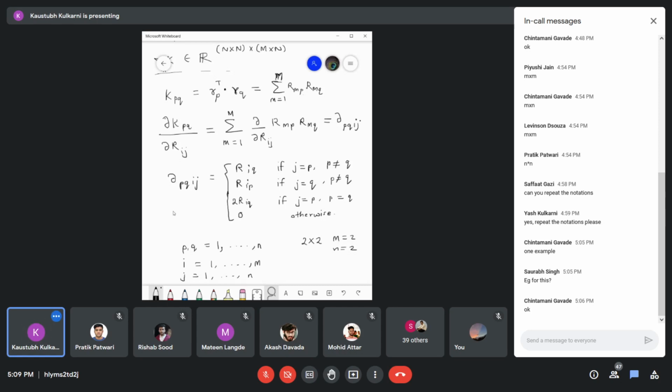The dimensions will be 2 into 2 into 2 into 2, which is 16. You'll have to calculate 16 such elements, and it will look like this: 2 by 2, 2 by 2, 2 by 2, 2 by 2.